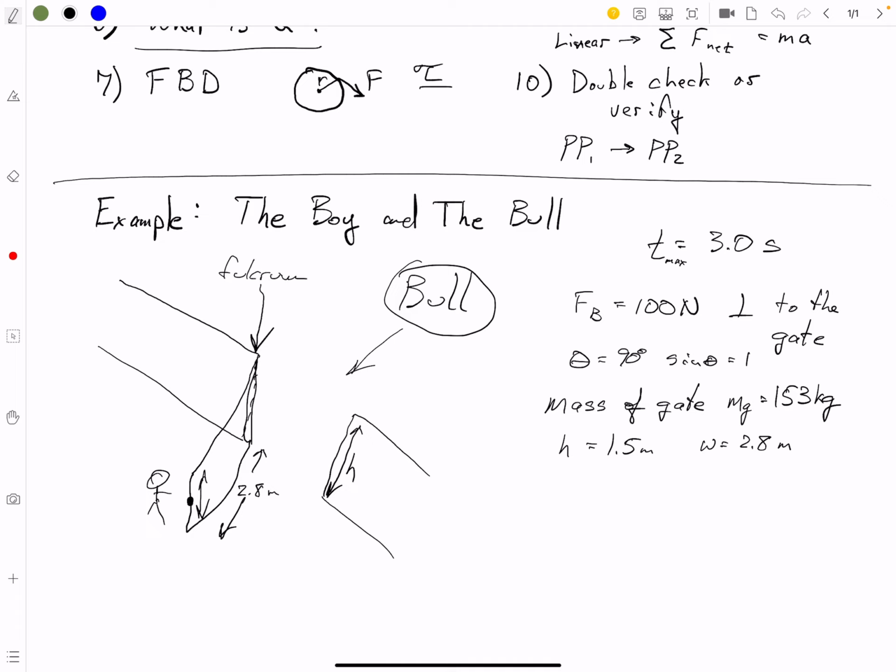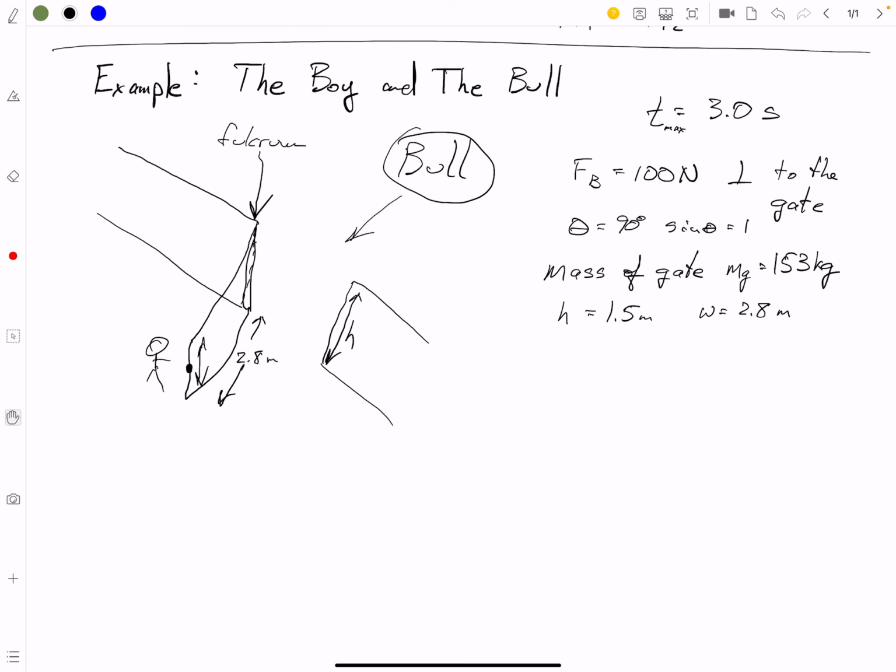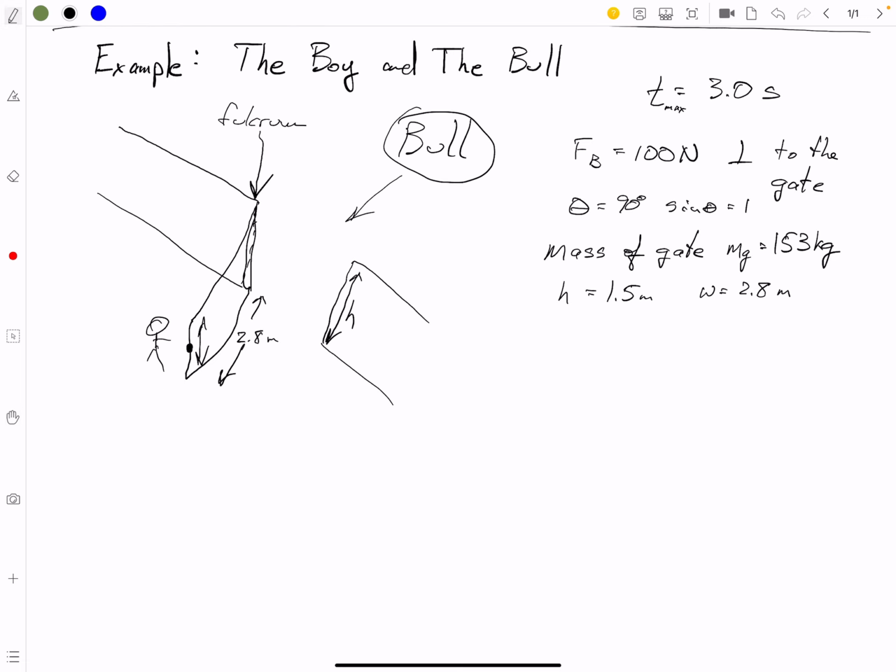Okay. I think we've got everything we need. What are we going to do? How are we going to do this? How are we going to solve this dilemma? Let's give ourselves a little more room here.